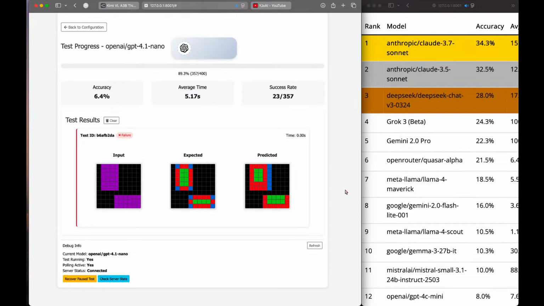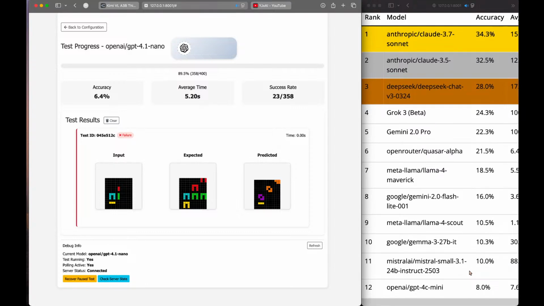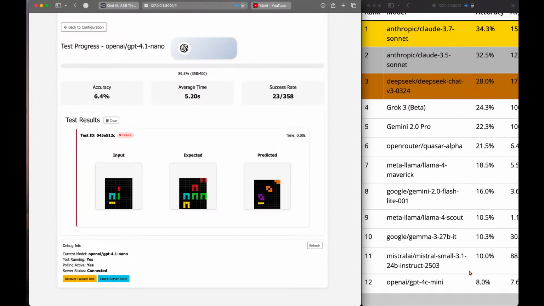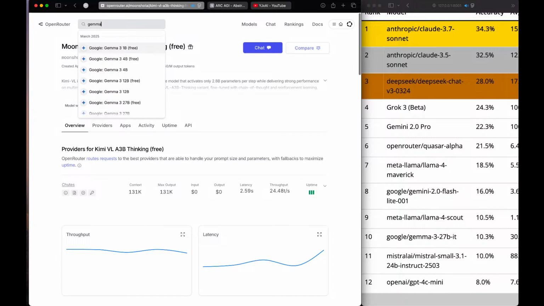This is the nano variant, and yeah, it's not doing that good. It's scoring below 7 when Mistral scored 10%. And Google Gemma 3 as well. Let me check the pricing of Gemma 3. How much is that?